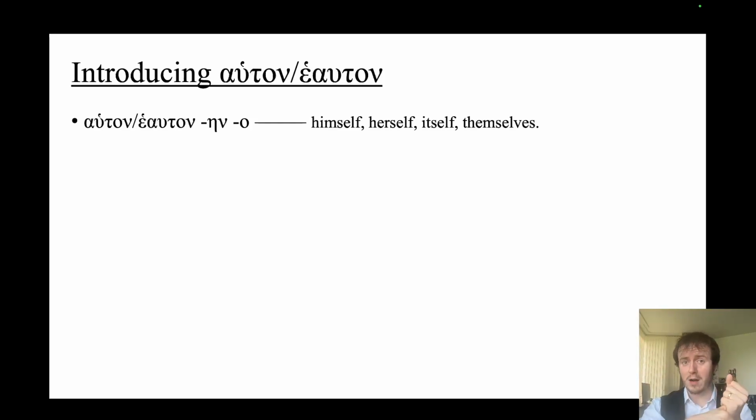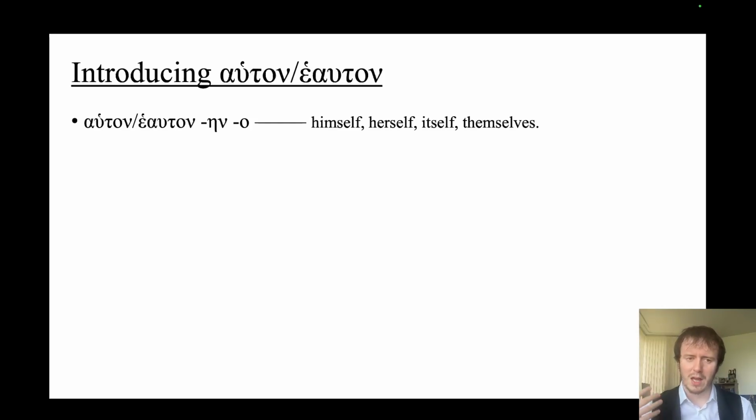One, it's got to refer back to the subject of the sentence, whereas αὐτός doesn't have to. In fact, it doesn't unless it's in the nominative. And secondly, this word cannot be nominative. It's always accusative, genitive, or dative. A bit like the third use of αὐτός, where it's used as a pronoun and it means him, her, it, or them. There it can't be in the nominative. Likewise, this word can't be in the nominative case.